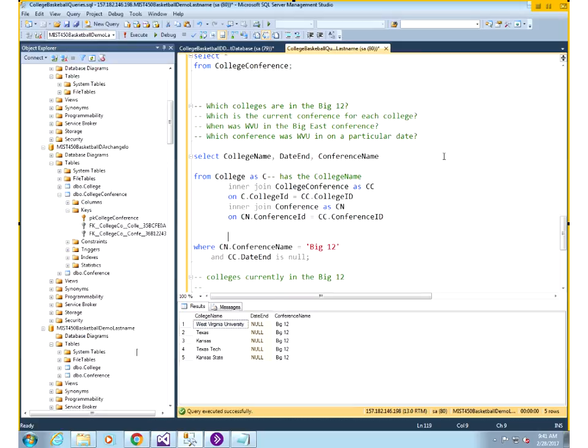The other questions, when was WV in the Big East Conference, which conference was, okay, I think if you can figure one of these out, I think the others should be relatively straightforward. We have only 3 or 4 minutes left.